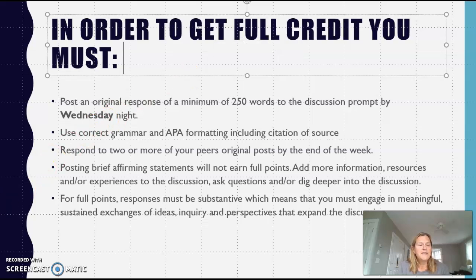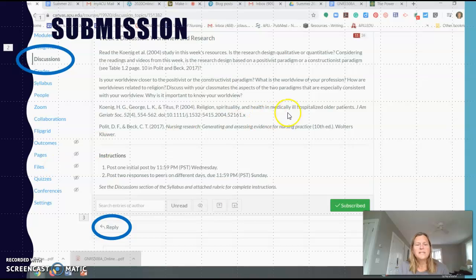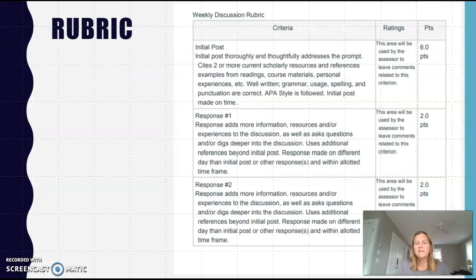So each of these postings will be in the discussion forums. They will also be in your modules. You will hit the reply button and then put your discussion there. And there's also a rubric which your instructors will use to grade your discussion post. So if you see, it says the initial post here cites 2 or more scholarly resources, well written, there's good grammar, APA style is met.